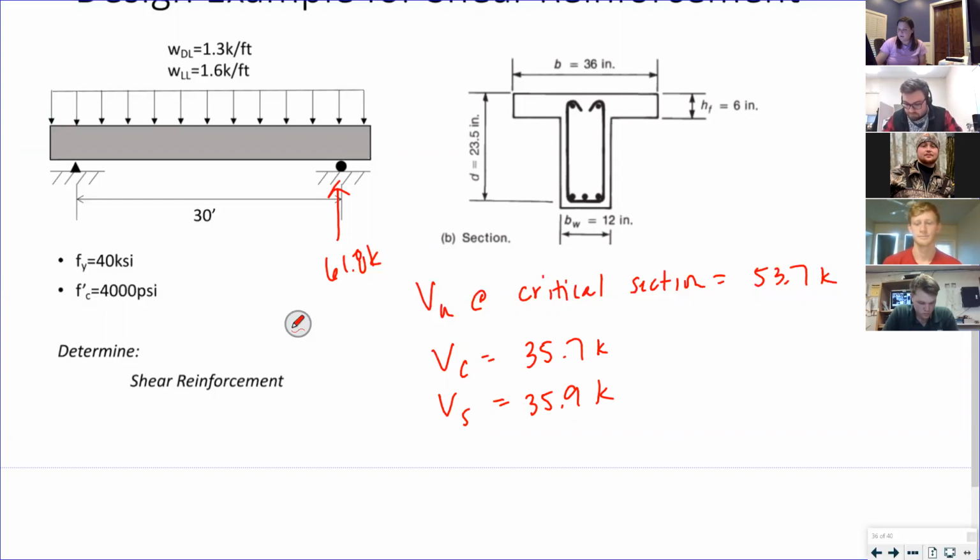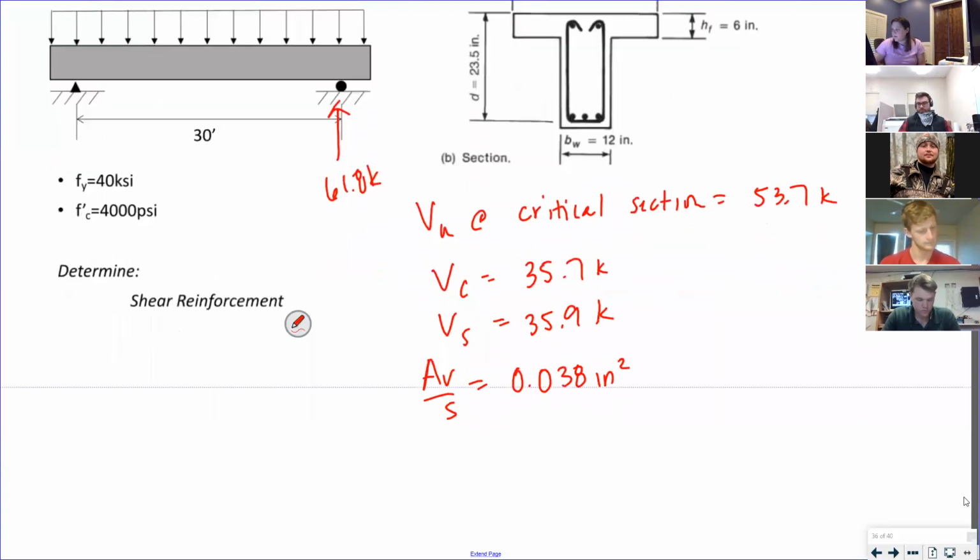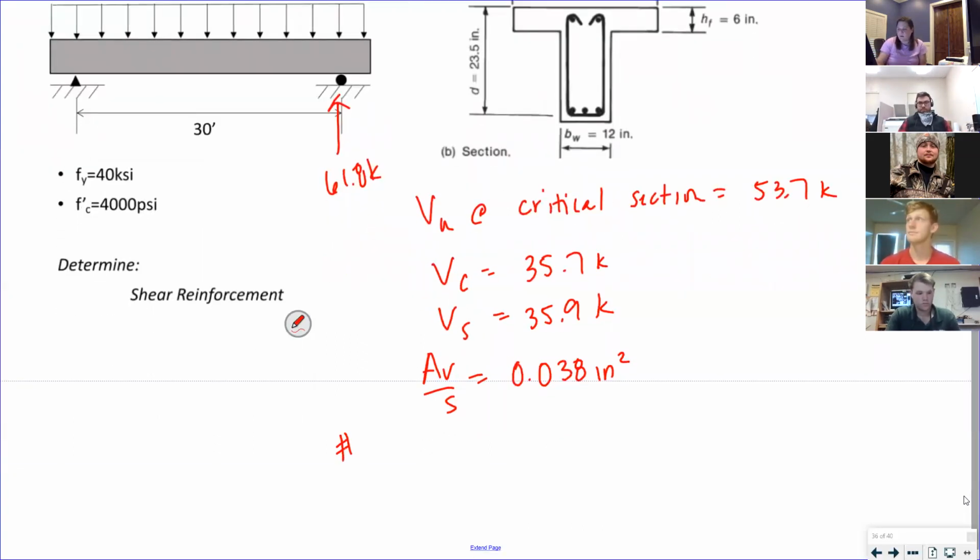Let's see, I got an AVFS that could be number 3s at like 5 inches, or number 4s at 10 inches. And then you can just go on from there, designing it. But you guys are going to do that in homework anyway.